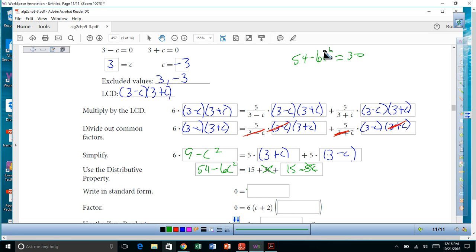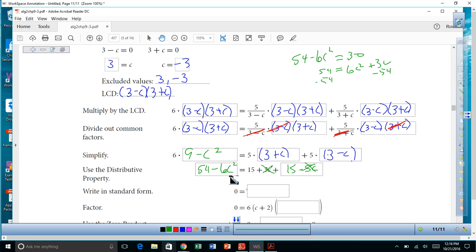All right. So let's see here. Let's add 6c squared to both sides. And you got 54 equals 6c squared plus 30. And let's subtract 54 from both sides.